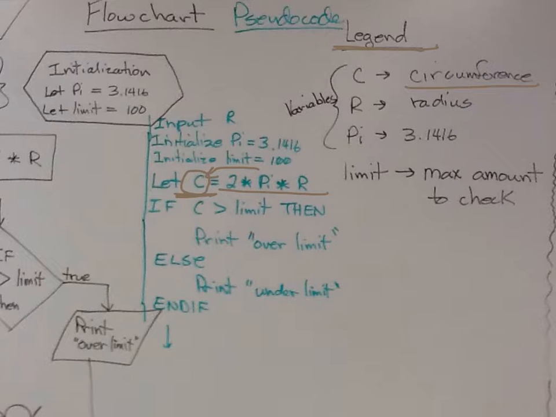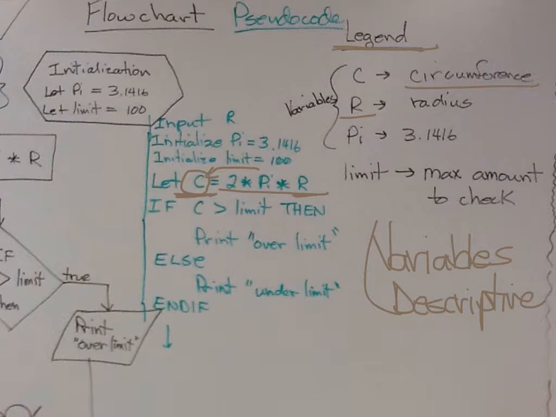The other day, instead of just an R, here we're using an R, you could just use the word radius. For variables, it's actually nicer to use a more descriptive name.